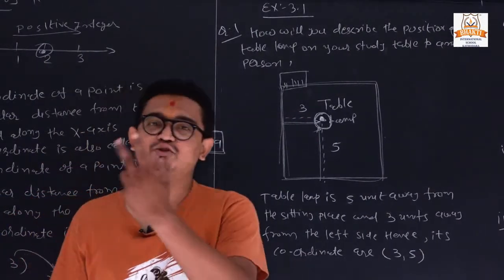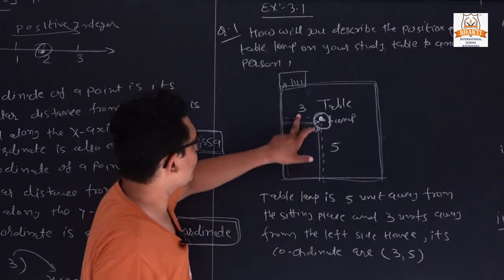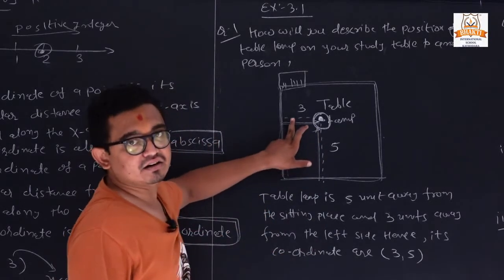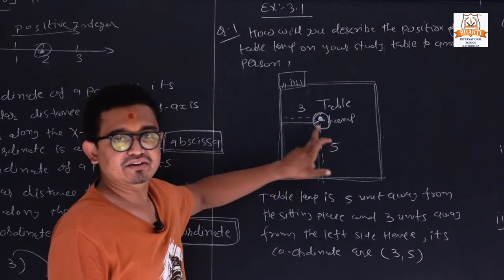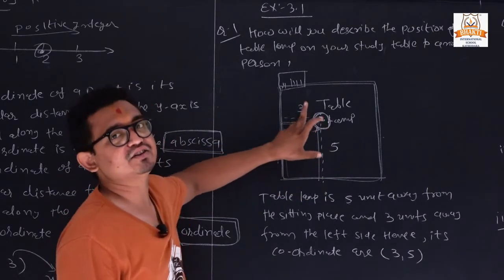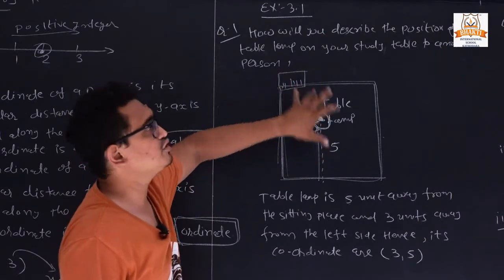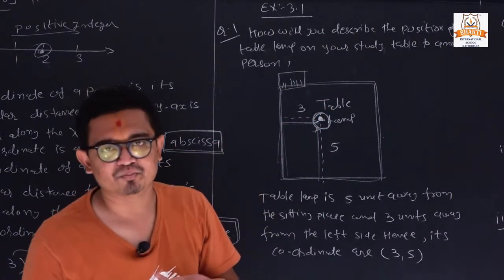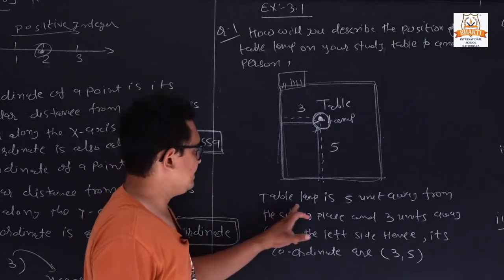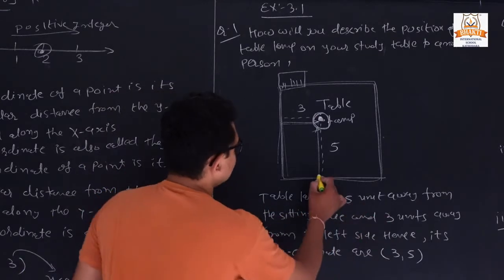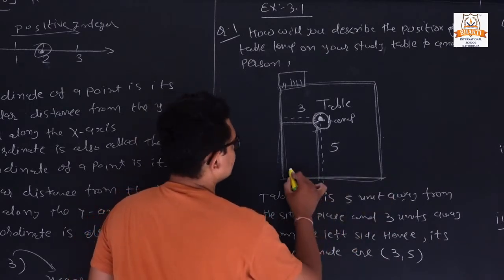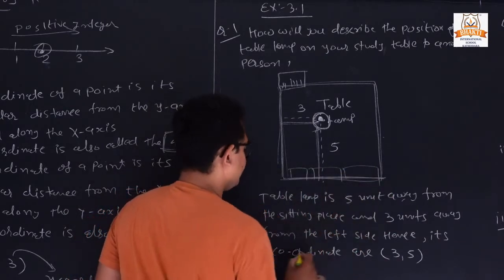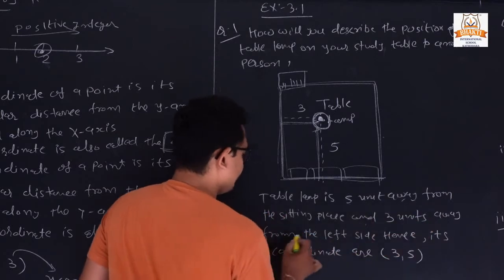It means I shall give you two reference points. Suppose this is our x coordinate and this is our y coordinate. If you know coordinate geometry, we can easily give the table position in any room. So I am saying that the table lamp is 5 units away from the sitting place, and 3 units away from the left side.